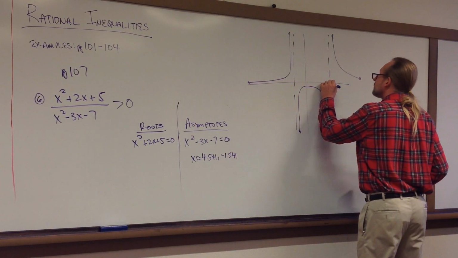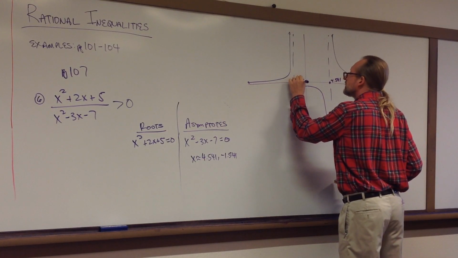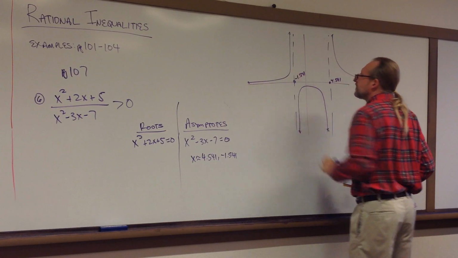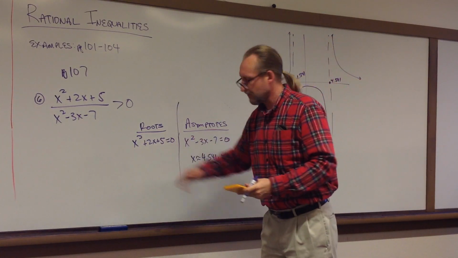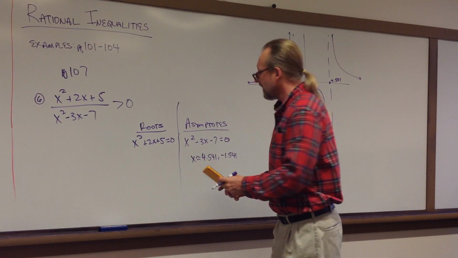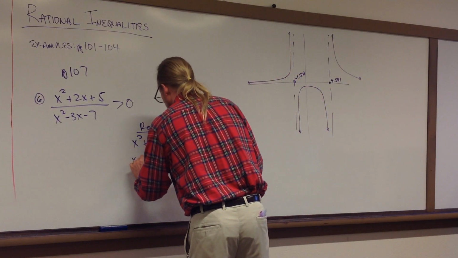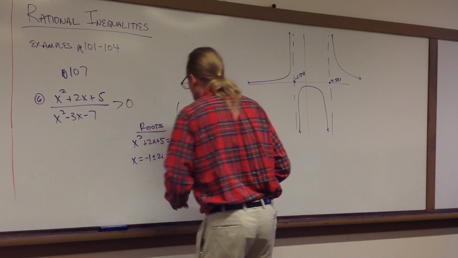So this is 4.541 and this is -1.541. Now, let's run this equation through the quadratic, 1, 2, and 5, and what we get here is that x is -1 plus or minus 2i.